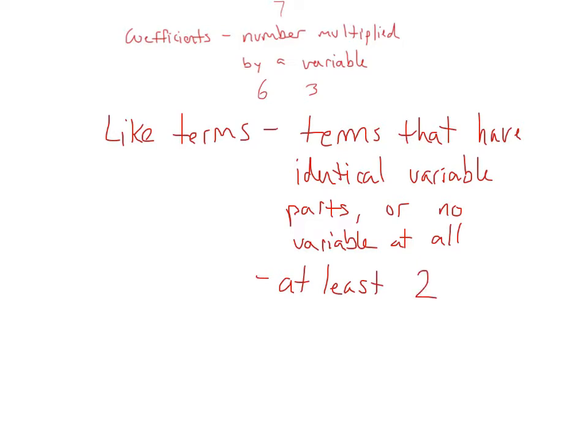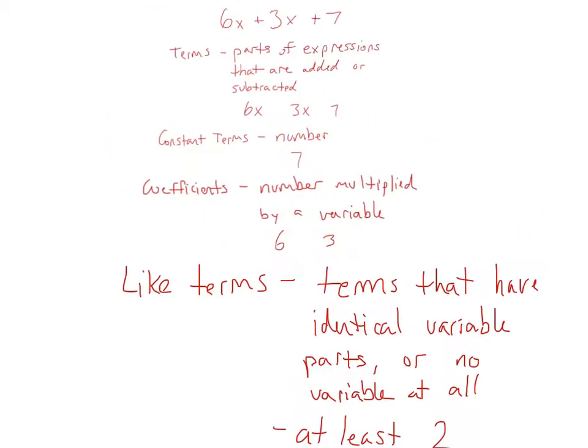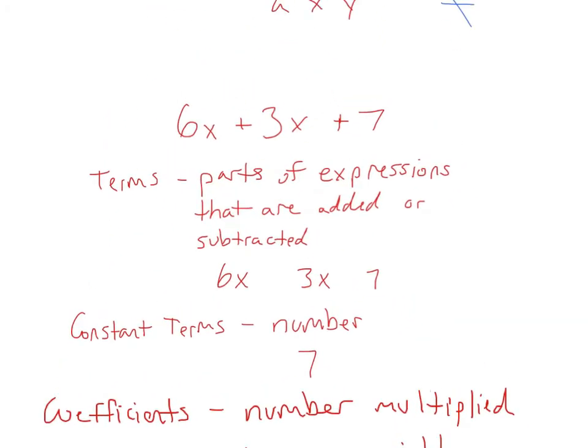Okay, so let's go back up here. We're going to circle the like terms. Okay, well, this is a term, that's a term, and that's a term. Now again, like terms either have identical variable parts or they don't have any variables at all, but you have to have at least 2. So here's a term that has an x. Here's another term that has an x. So what are my like terms? 6x and 3x are my like terms.